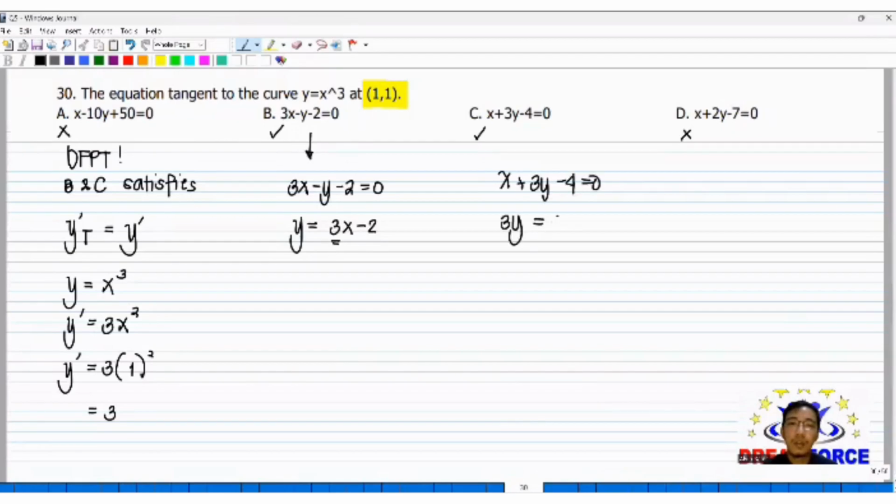So, 3y is equal to 4 minus x. So, ano yung kanyang slope? Negative 1/3. So, ito yung ating sagot, si letter B. Di ba sa analytic geometry ninyo, automatic din yung slope. Yun yung slope na nakalabas na 3. Dapat parehas sila kasi na tangent.